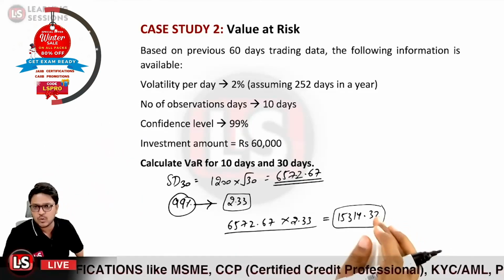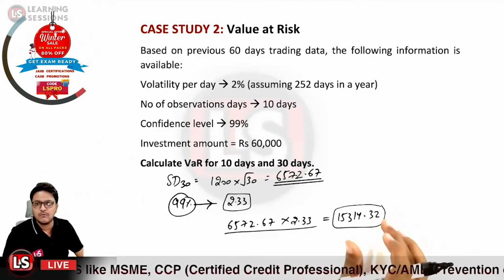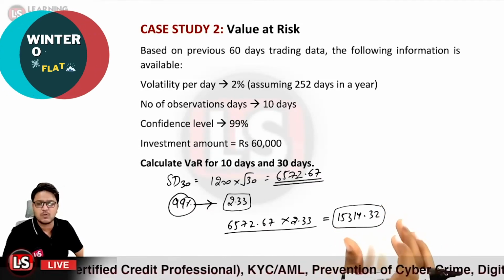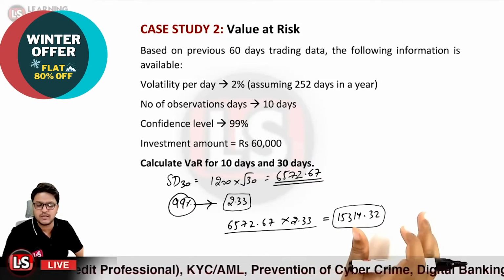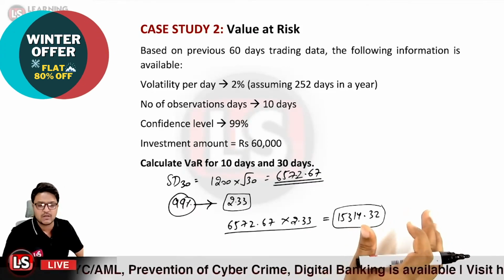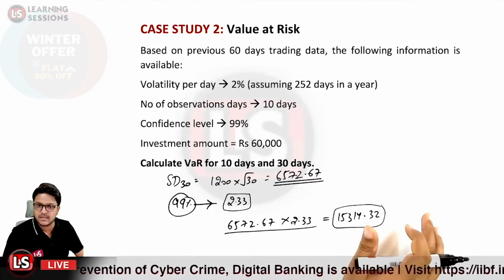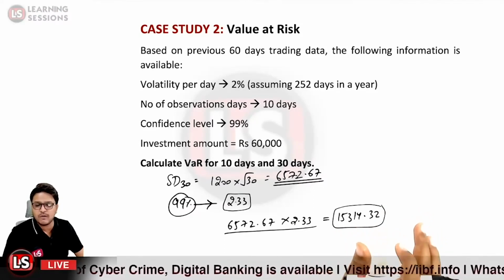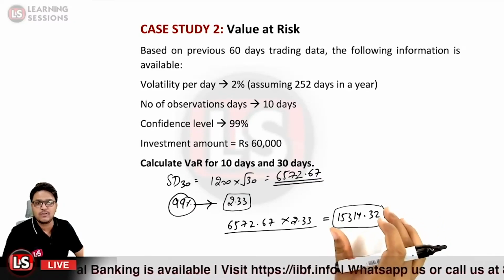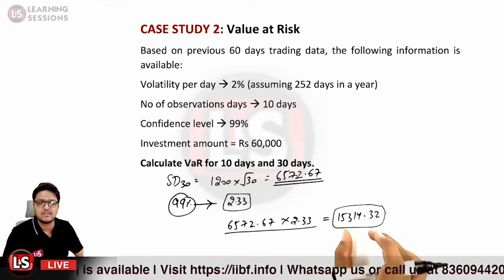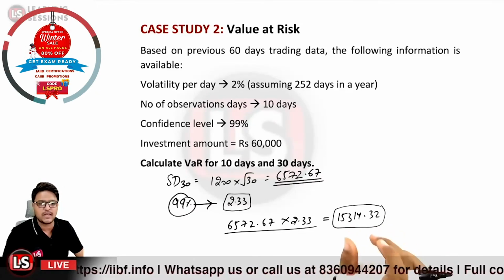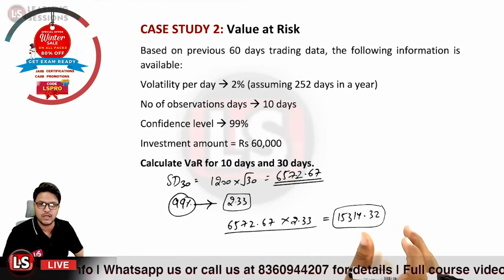It indicates that the value at risk will be maximally equal to 15,314 over the time horizon period of 30 days if the confidence level is 99%, and there are only 1% chances that the value at risk may exceed this particular value, 15,314.